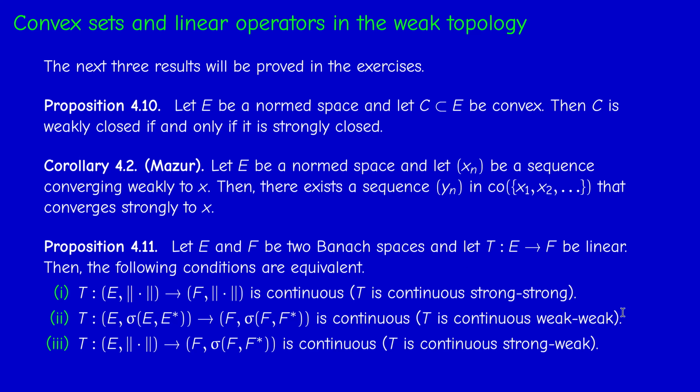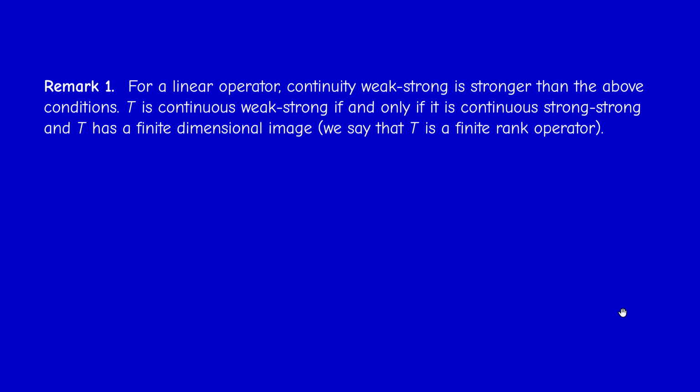This condition, weak-strong continuity, is stronger than all these three conditions, and it's equivalent to the following: weak-strong continuity for a linear map is equivalent to strong continuity and to the fact that T has a finite dimensional range or image. We know that the range of T is a subspace, but it's not always the case that this subspace is finite dimensional.